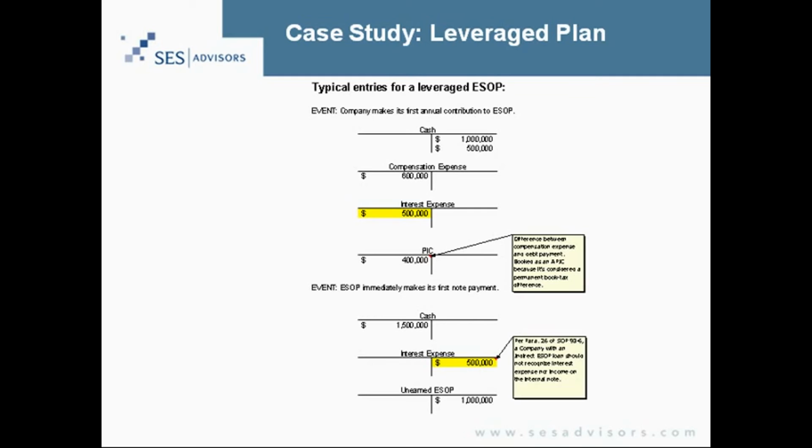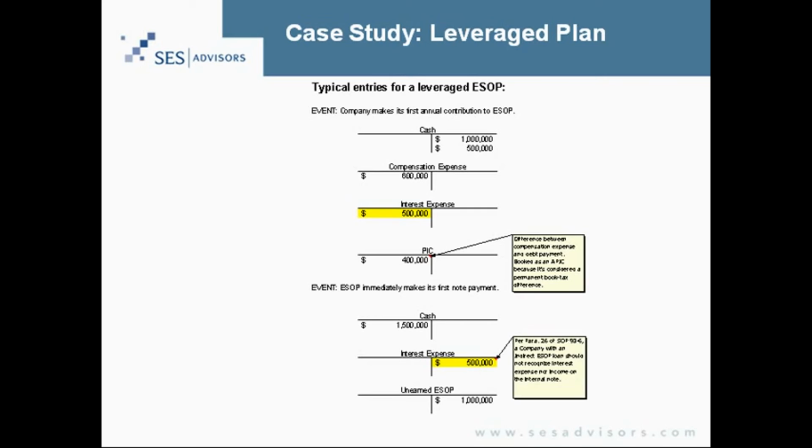Now, when the note between the company and the ESOP is paid, we're of course debiting cash for the same $1.5 million. We're crediting interest expense. Not intuitive here, and there are a few different ways to do this. But the reason we're doing this is the SOP says that interest expense on a transaction between the ESOP trust and the company should not be recognized in an indirect loan structure.